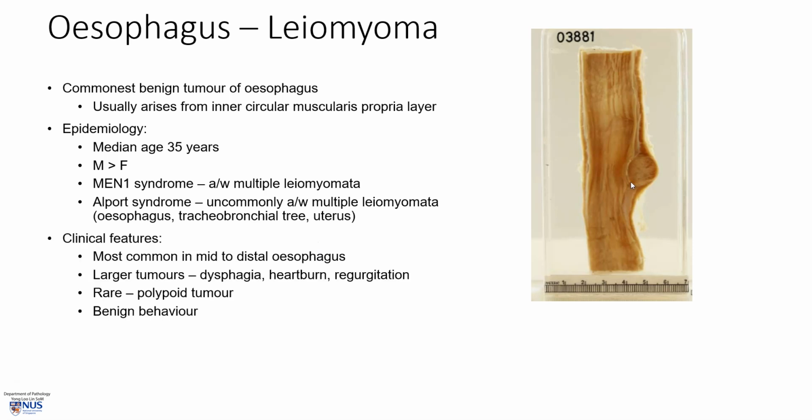Clinically, these tumors most commonly arise in the mid to the distal esophagus, and they may be asymptomatic, or sometimes larger tumors can give rise to obstructive symptoms such as dysphagia, heartburn, and regurgitation. Rarely, the tumor can protrude more obviously into the mucosa, giving rise to a polypoid appearance. And this is a tumor that is benign, so it behaves in an indolent manner.